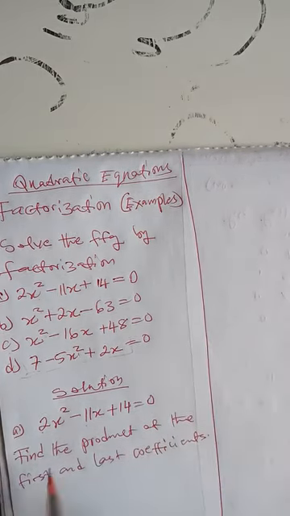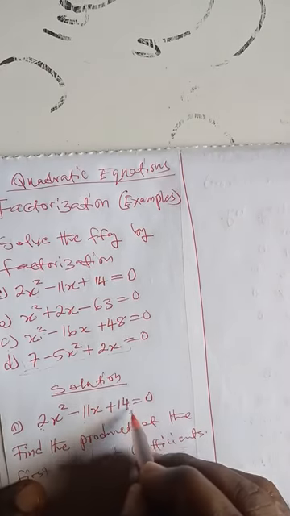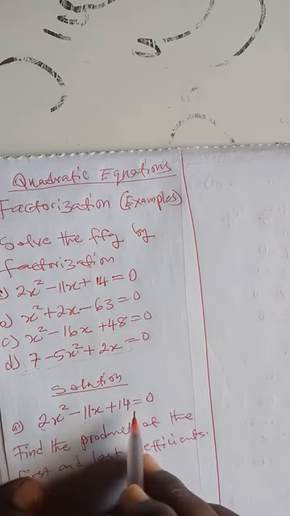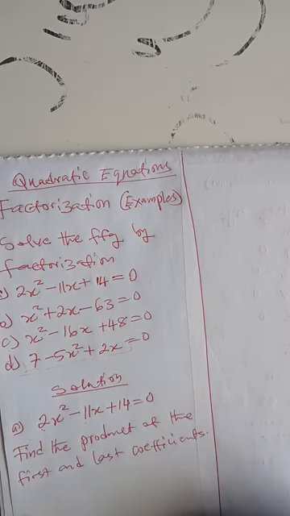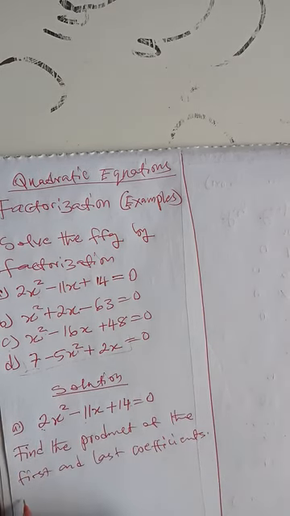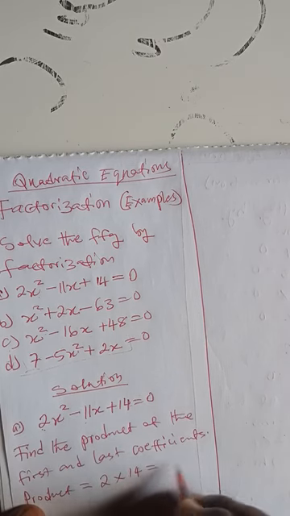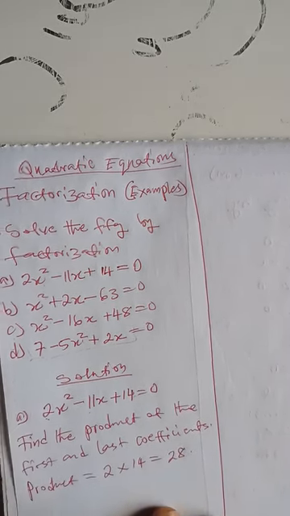The first and last coefficients are 2 and 14, because there is x power 0 here. So these are the first and last coefficients. Now, the product is equal to 2 times 14, which is equal to 28.